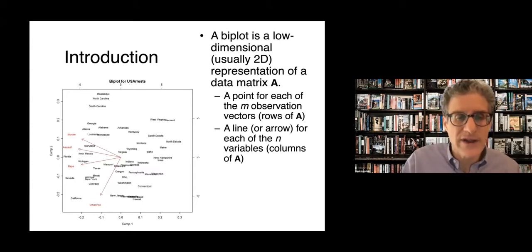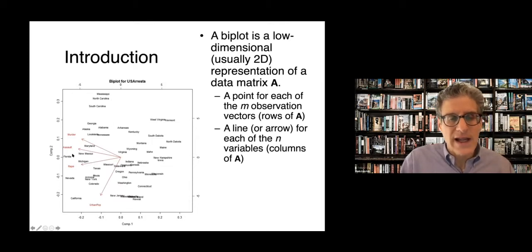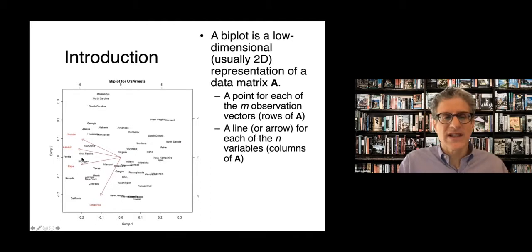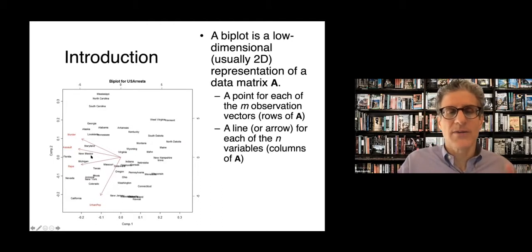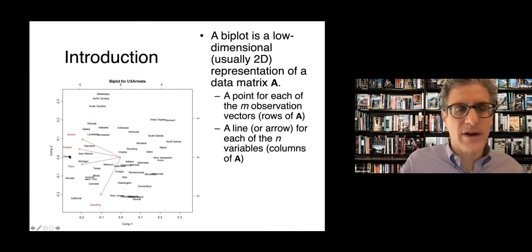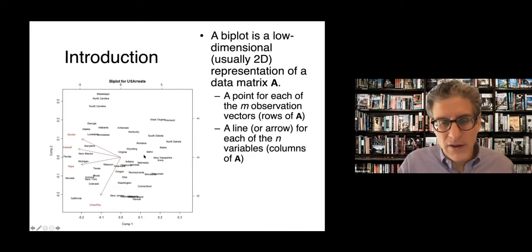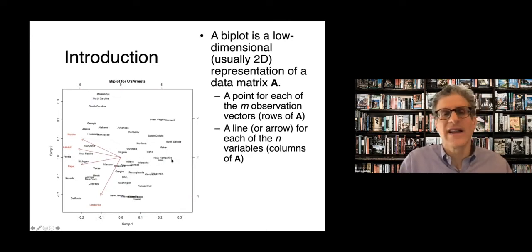If you look here, what you can see, which is very nice, is that across this way, you're looking at how states rank in terms of violent crime. So from Florida to Idaho to New Hampshire, this is a violent crime axis.